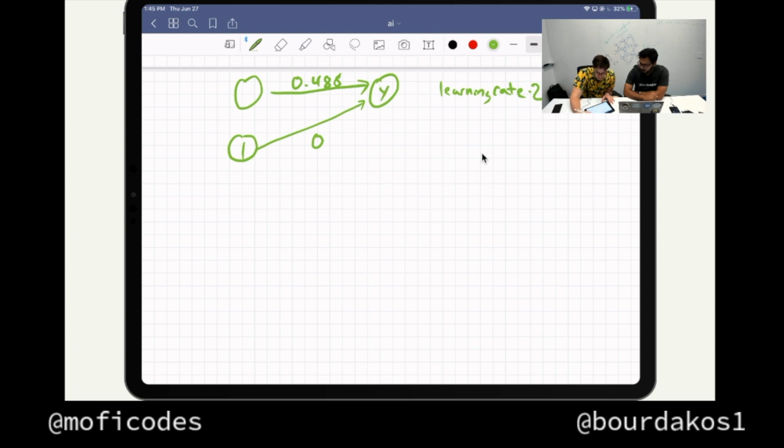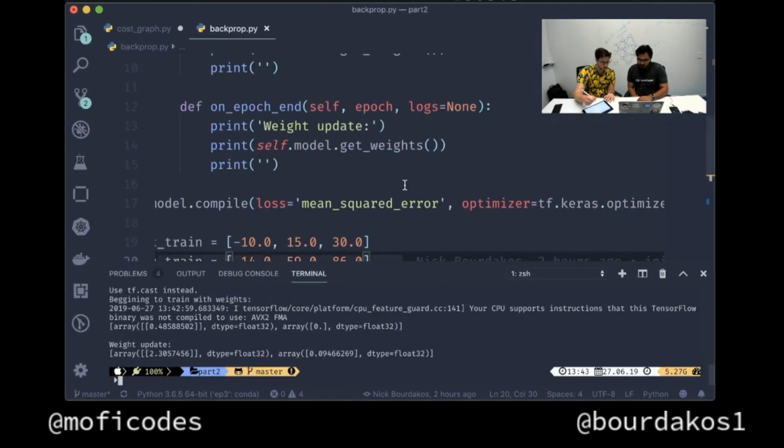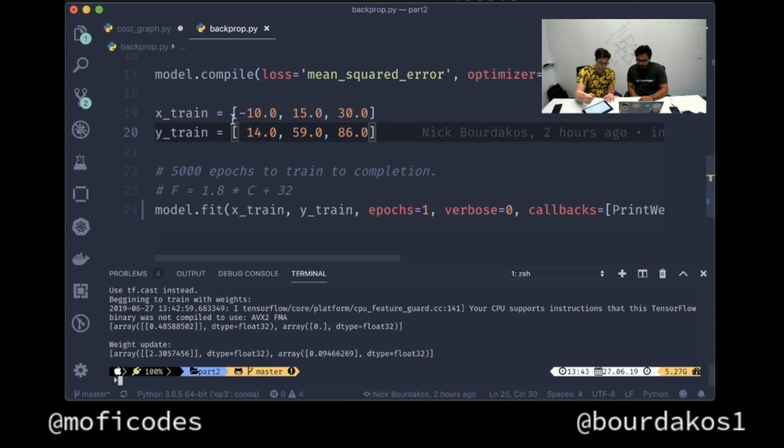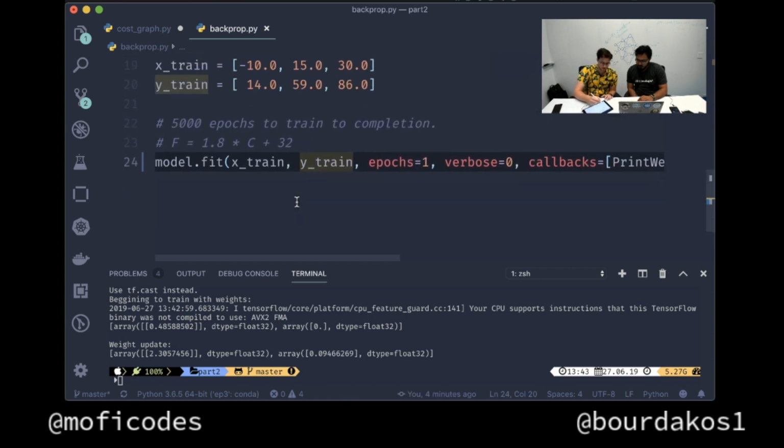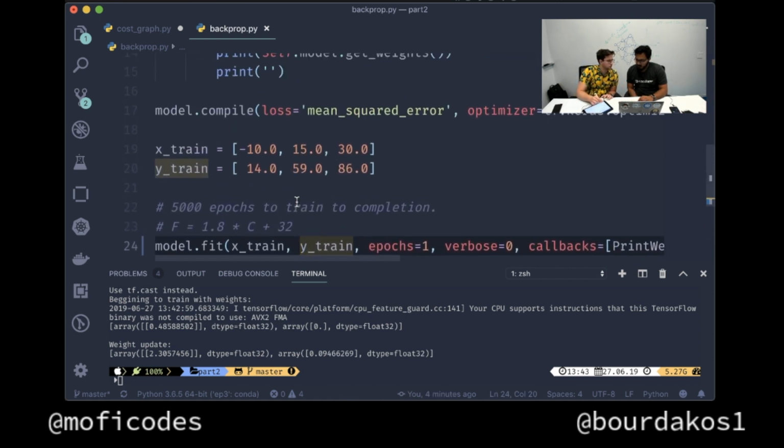Times the input, which depends on which weight you're using. Does that make sense? The input is like the 3 inputs we had, right? X train is the one we're calling our input, no? Right. So it'll be this one, then this one, then this one. Yeah. But sometimes if you have more than one node, it's all of those. Right. So we cycle through them.